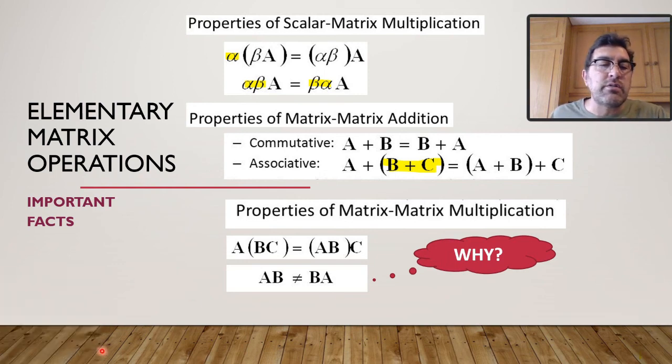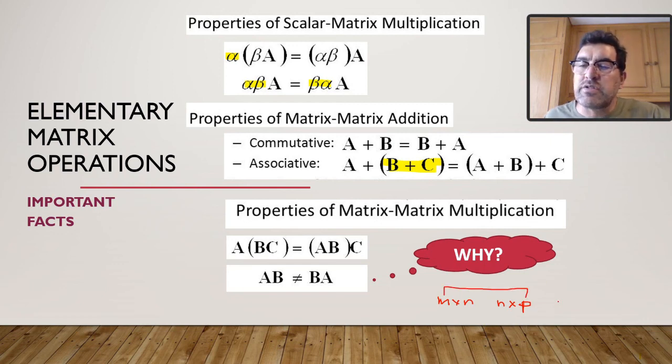If you remember what we said earlier, if you have an M by N, then you must have an N by P to multiply with, and the result will be M by P. But if you turn them around, you're going to have an N by P that you are multiplying with an M by N. And those two are not the same.